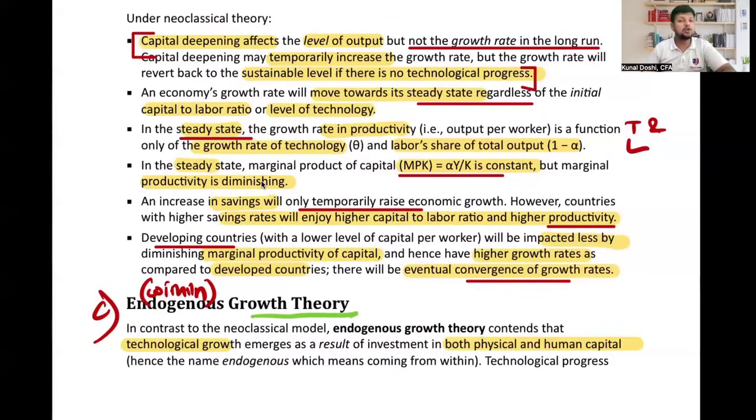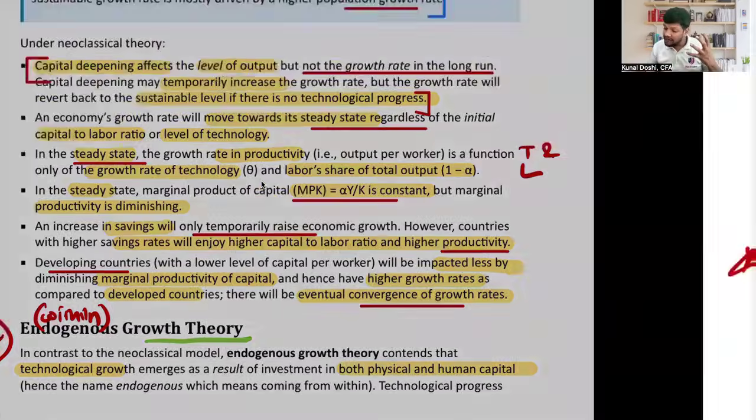Then we looked at the endogenous growth theory. What is endogenous growth theory? Now, endogenous growth theory, here it is more dependent on the technological growth. So whenever we are going to talk about technological growth, physical or human capital plays a very important role. How much of your investment is going to be research and development, that all plays a very important role. Okay, so what will happen?